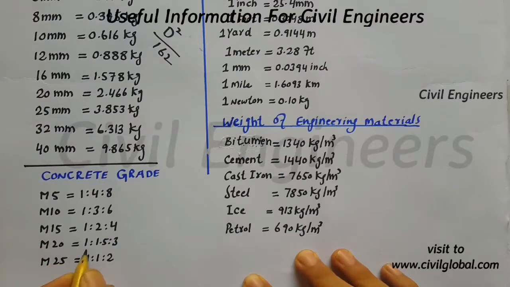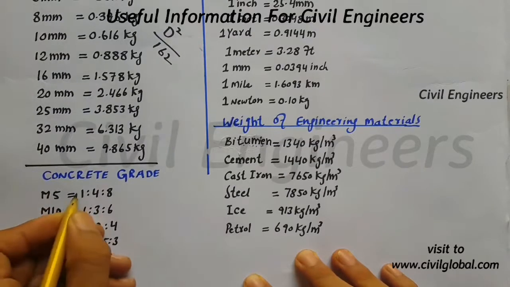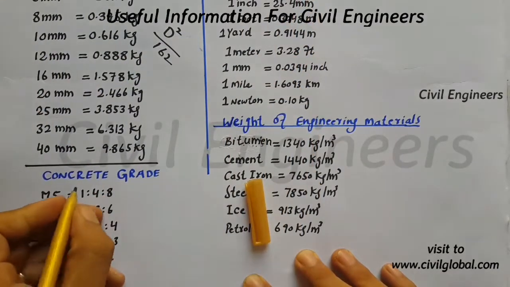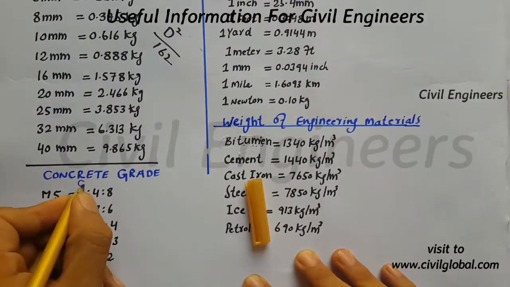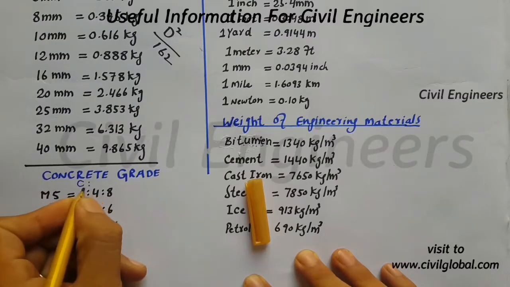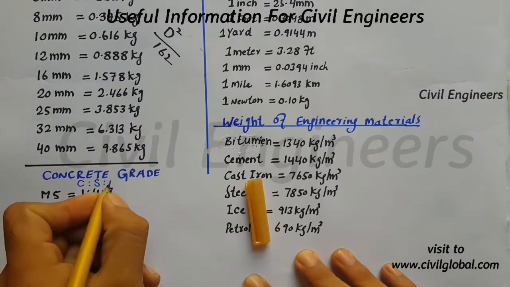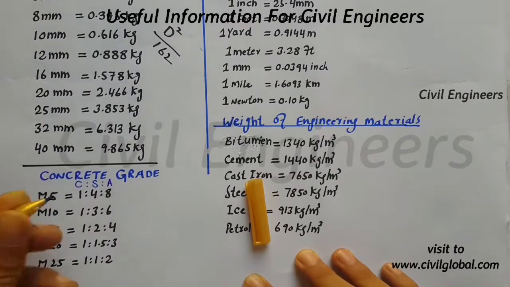For M20 1:5 and 3. And for M25 1:2. Okay, so look here. One is cement, and 4 is sand, and 8 is aggregate, or crush, right?